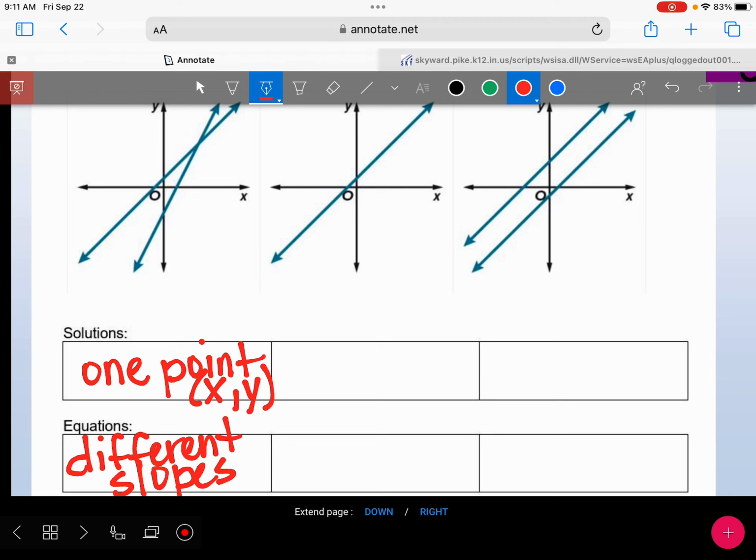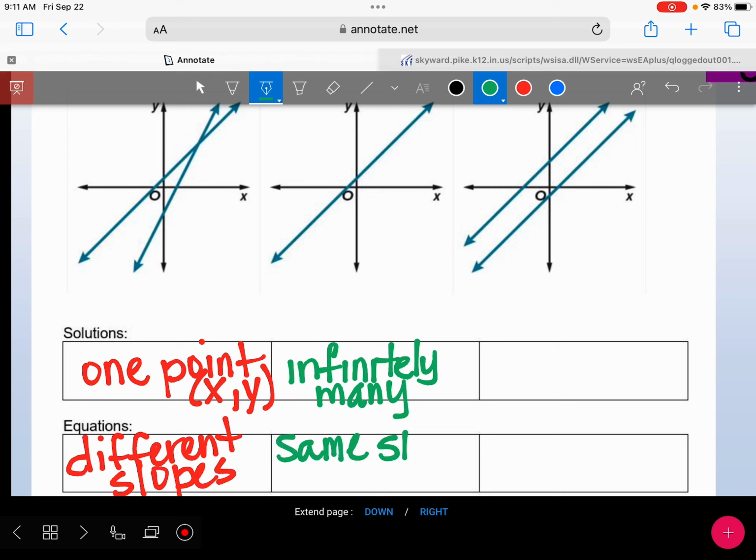The second option would be infinitely many. Which means you have the same slope and you have the same y-intercept.